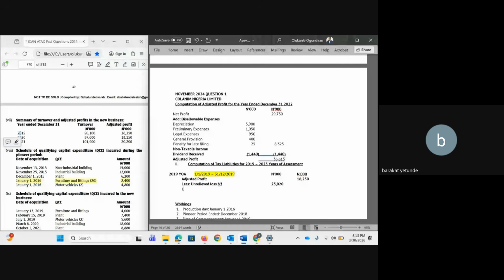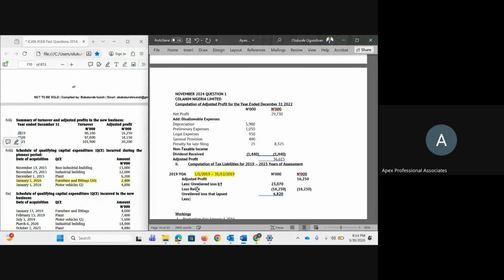So loss relief is 16,250. How much is the loss that lapses? 6,820. Like this, Abby. Yes.